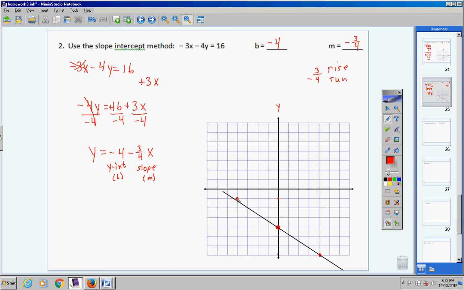But as you can see, whether you used this point here and this point here and drew your line, or whether you used this point here and this point here and drew your line, you still get the exact same line, okay? So it does not matter where you put the negative sign. Just put it in the top or the bottom, okay? And of course, if you have a positive fraction, if your slope is positive like this, then it really doesn't matter because both your numbers are positive, okay?